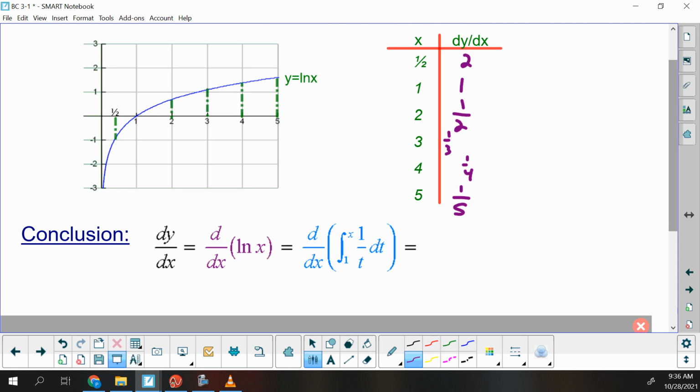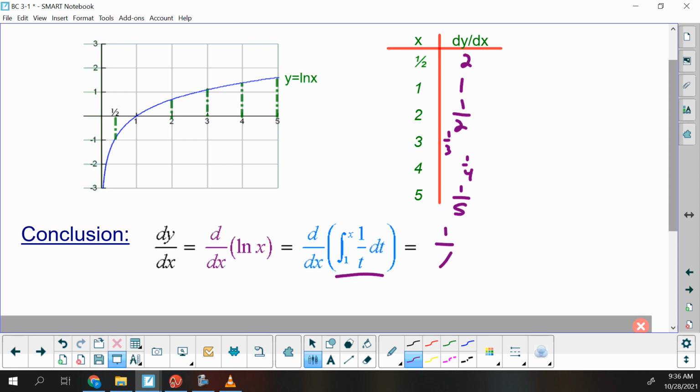If we want the derivative of natural log of x, well, we said natural log of x is the same as this accumulation function. So we should be able to just take the derivative of that accumulation function, and that will tell us the derivative of natural log of x. We saw last unit with one of our fundamental theorems of calculus that if we want to take the derivative of this, we're just subbing in that algebraic expression on top for t, and then doing times the derivative of what you subbed in, which in this case would just be times 1.